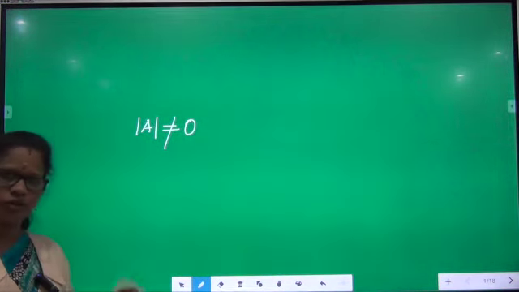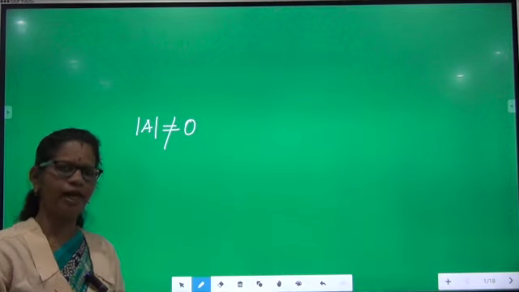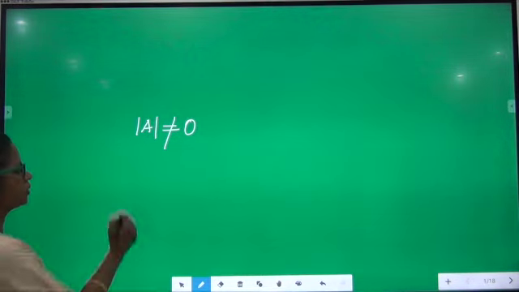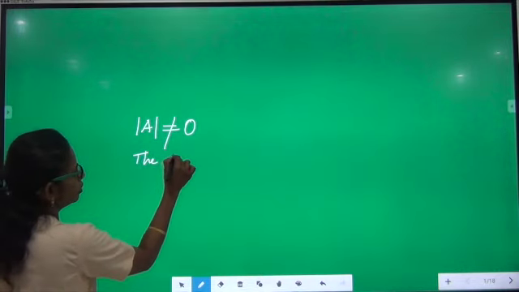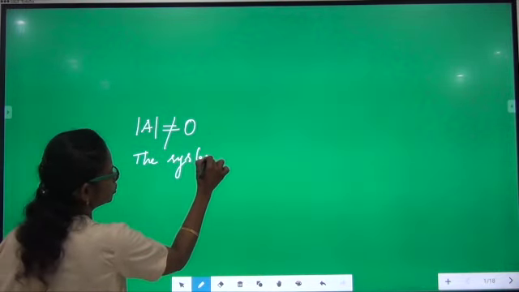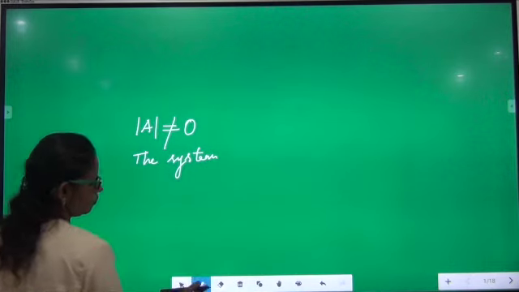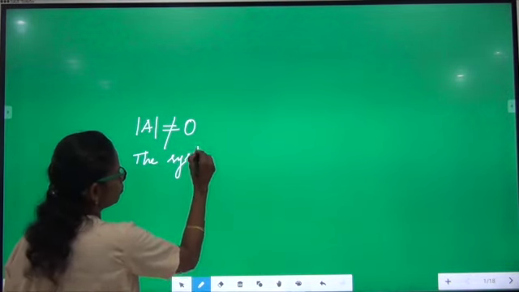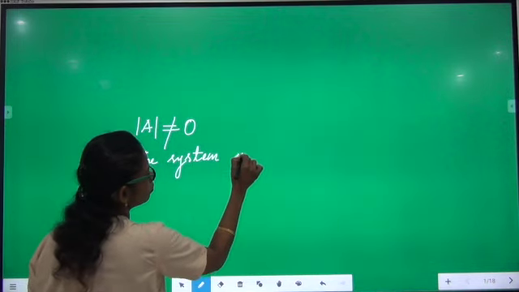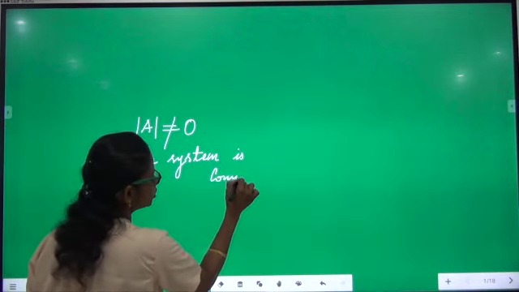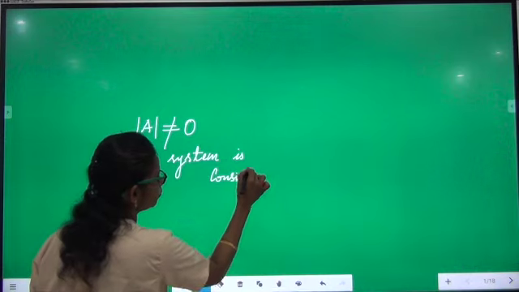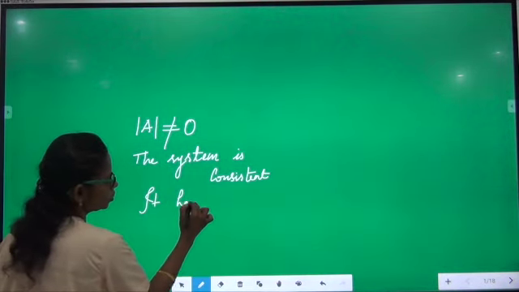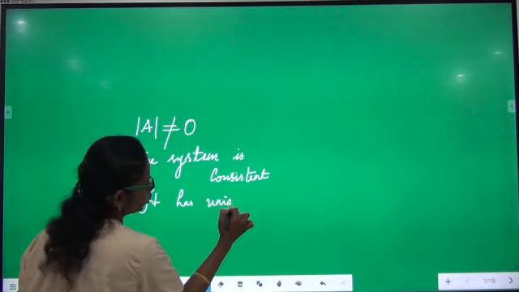You should first find out determinant A. If it is not equal to 0, the system is consistent. It has a unique solution.